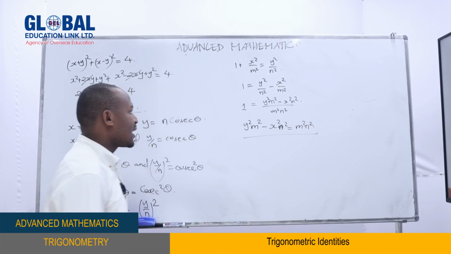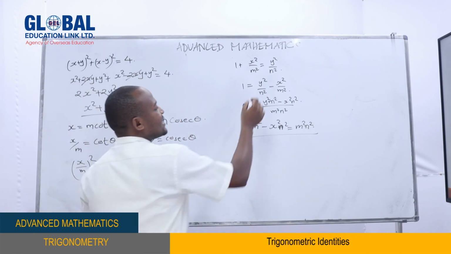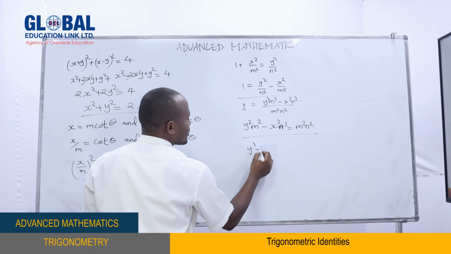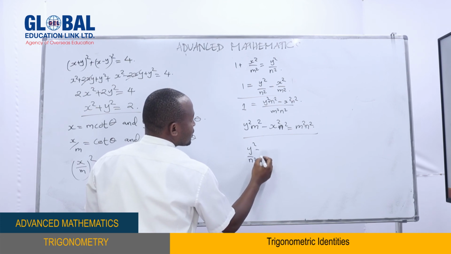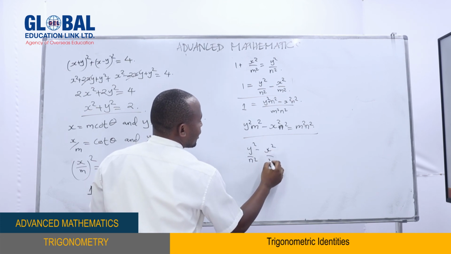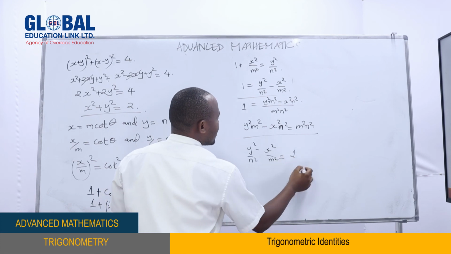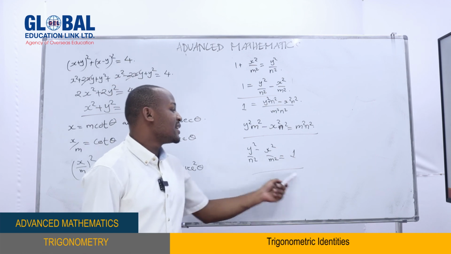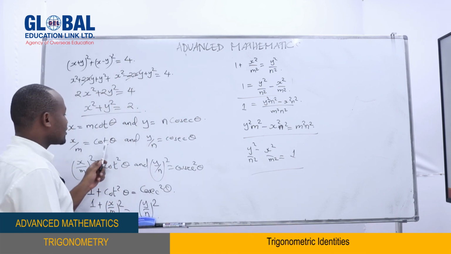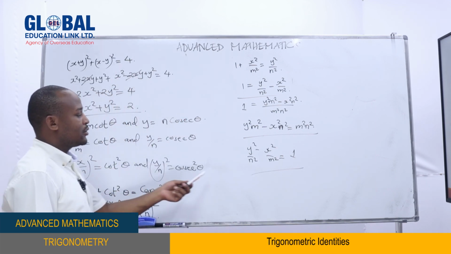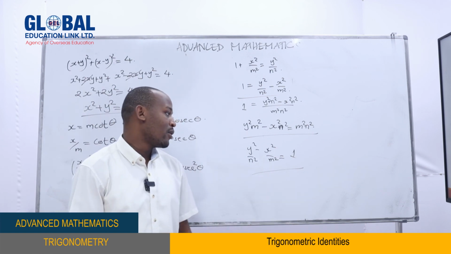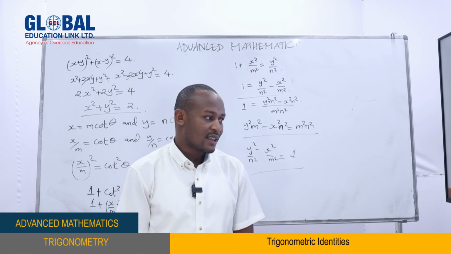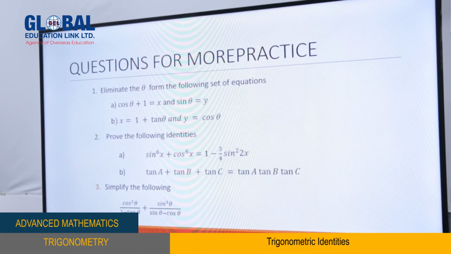You can put it that way, or someone else can decide to leave it as y squared over n squared minus x squared over m squared equals 1. Both of these are correct because you have already eliminated the parameter that you were told to eliminate. You were told to eliminate theta, and you can see theta is not found anymore. That's how we eliminate parameters.